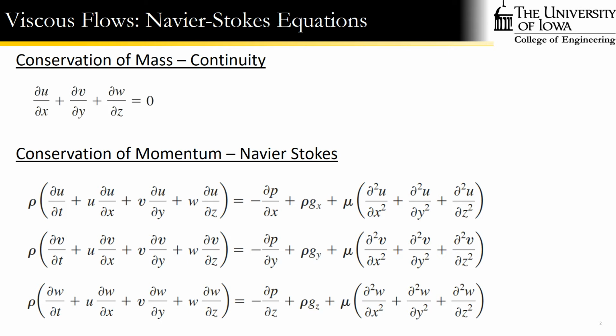Written in Cartesian coordinates, this is that vector expression, and then we've got conservation of mass also in Cartesian coordinates. When expanded out like this, we've got four equations and four unknowns: pressure, U, V, W. So this is technically a problem that we should be able to solve if we can figure out how to get through the complicated math.